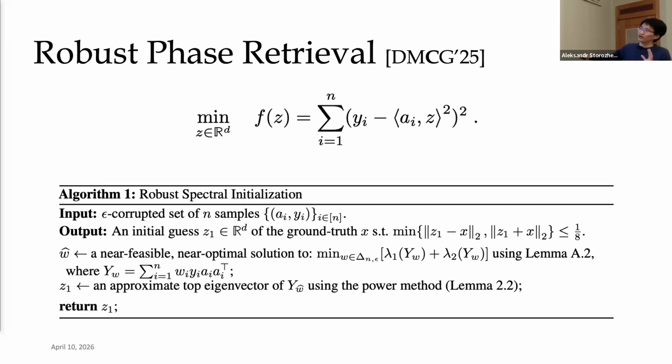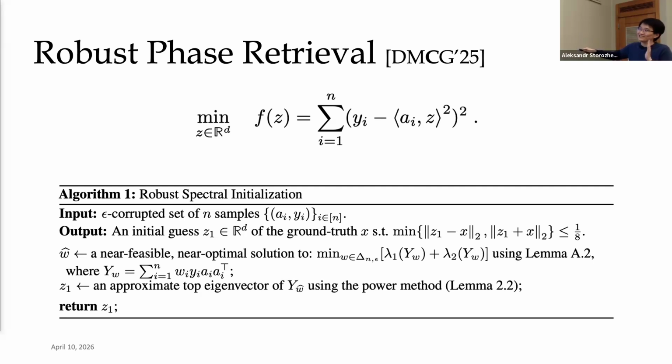Now, what we show is that if you initialize close enough, even though this is a non-convex function, under epsilon corruption you can still initialize close enough to the ground truth in nearly linear time by solving what's called a Ky Fan k-norm SDP.